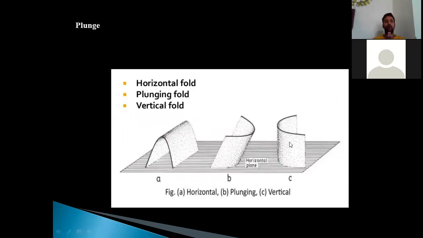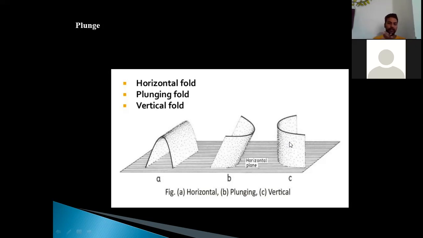As we have already discussed, plunge is the angle made by the fold axis with respect to the horizontal surface. So if your plunge is 0, in that case, you will call that fold a horizontal fold. And if there is an angle between the horizontal plane and the axial line, in that case, you will call it a plunging fold.